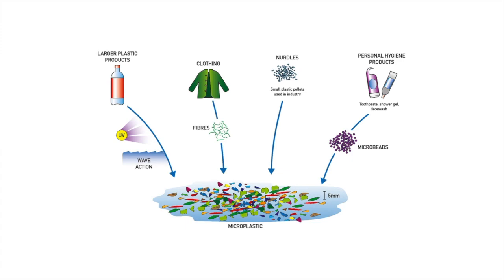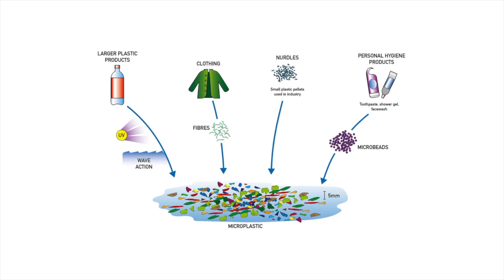So microplastic could come from so many different sources. One, it could come from larger plastic products such as personal hygiene products. It could come from clothing, which comes in fibers. Those are known as microplastic fibers.